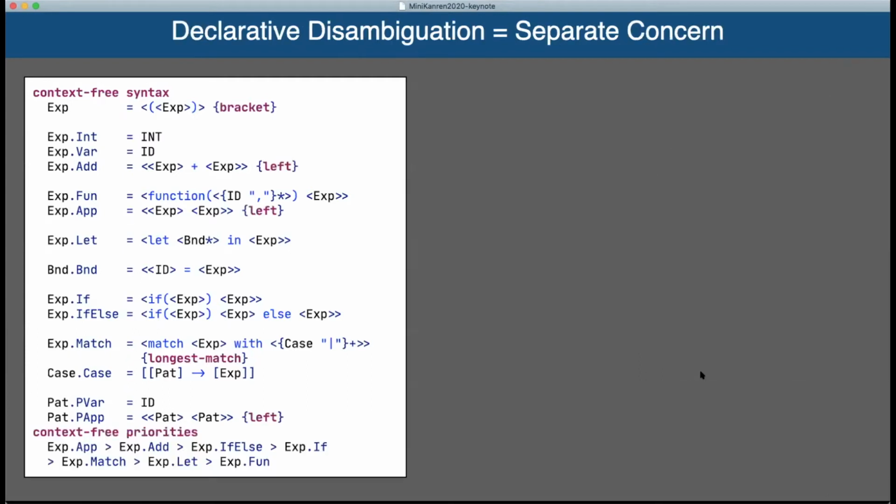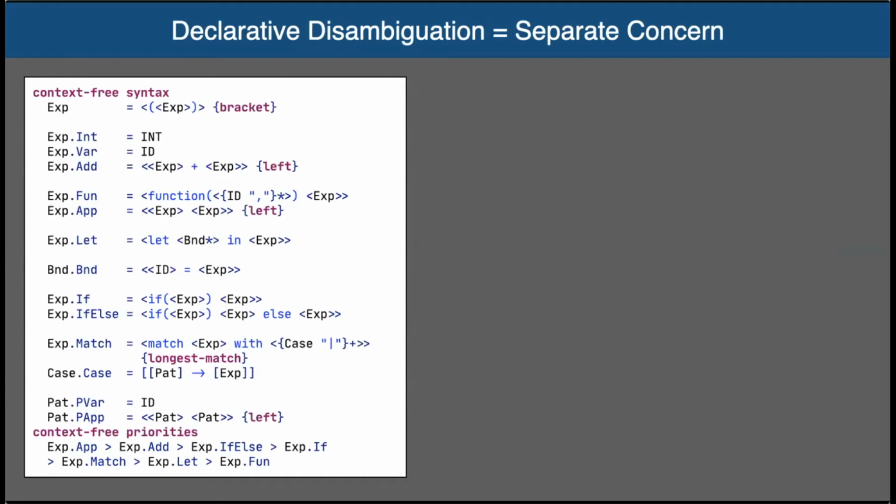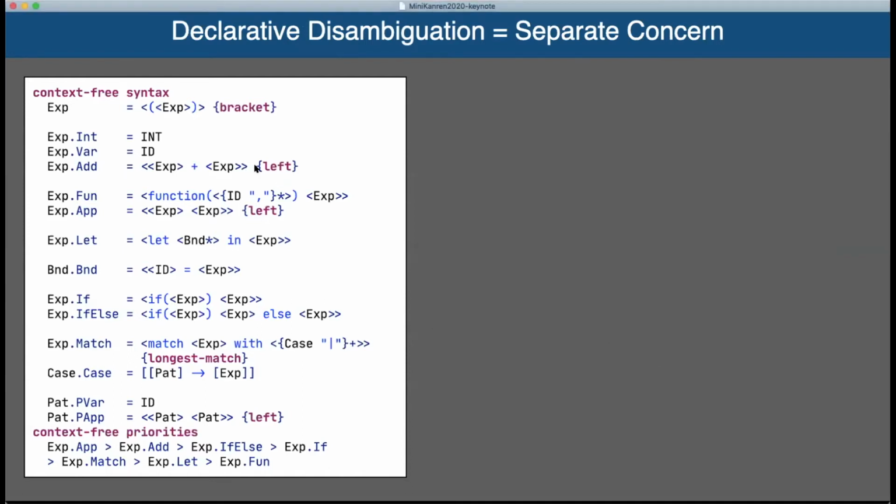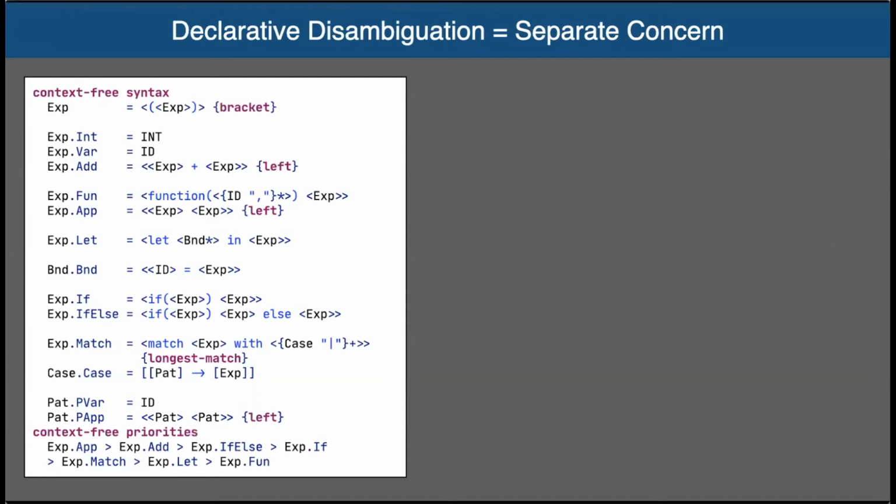And this is implemented in SDF by providing separate disambiguation rules for the grammar, right? So here we are saying with this annotation that addition is left associative, and that application has higher priority than addition, has higher priority than everything else, etc. And declaratively, these disambiguation rules are interpreted as tree selection filters.